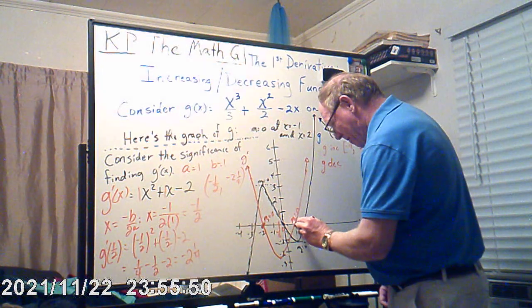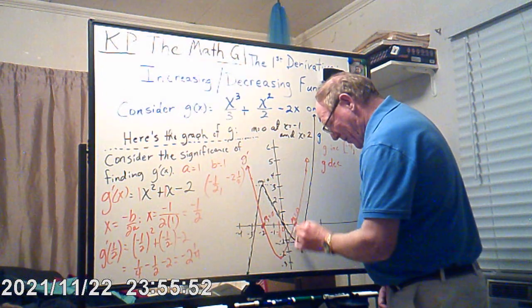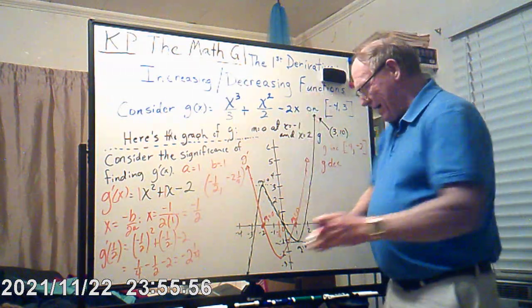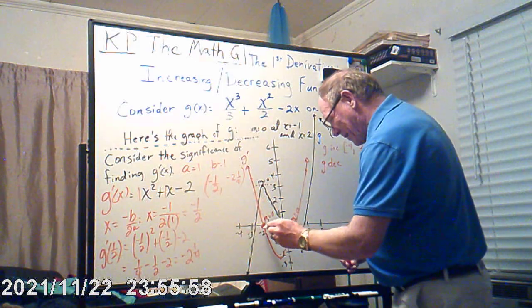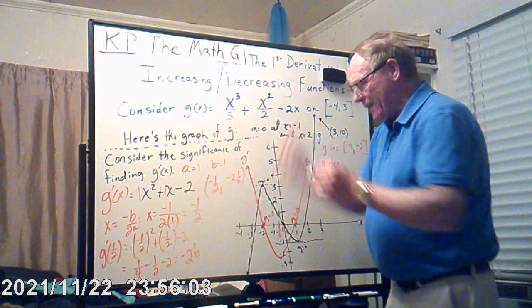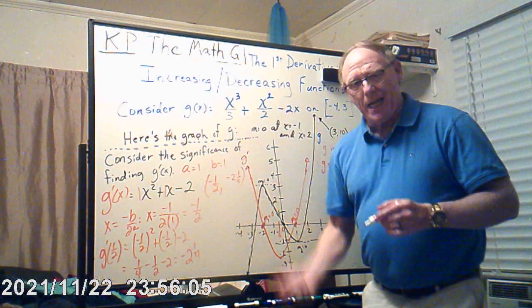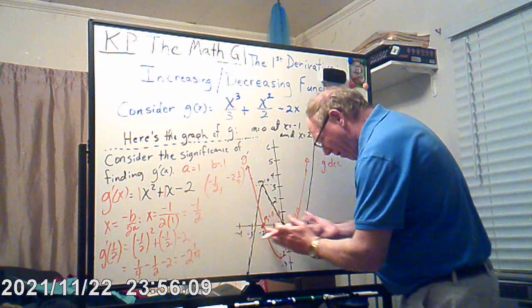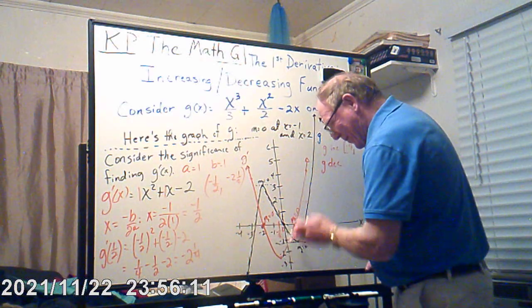I know this is decreasing here and increasing here, but as long as this part is below the x-axis right here, this means that G itself is decreasing between -2 and 1. We don't care what this looks like.